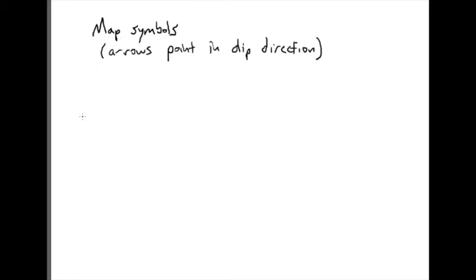So these are map symbols. We could imagine north is this way. We could draw down the middle of the fold a line, and then imagine the limbs dipping off the way that the arrows are pointing. So this is a symbol for an anticline.